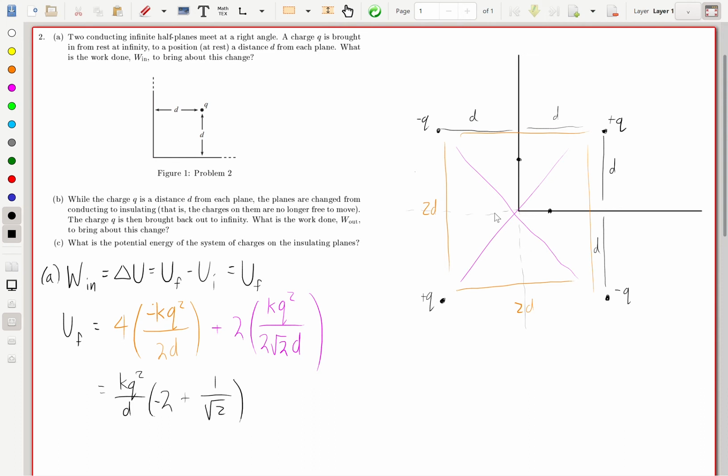But don't worry, there's an easy way to fix this, because we can recognize that the energy of an electric field is just proportional to the square of the electric field. And the electric field is only available between the charge and the conductor in this quadrant.